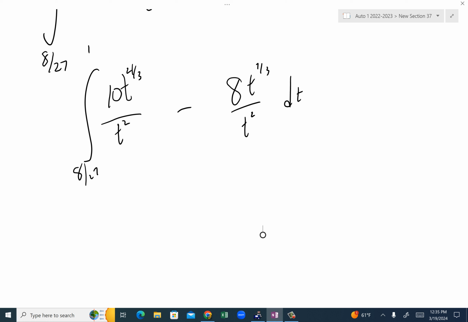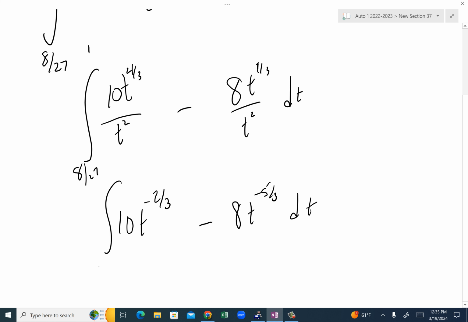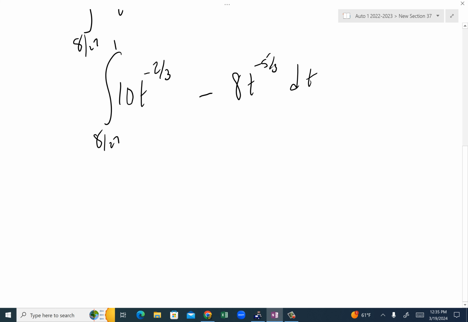And so this is 6/3. It's going to be 10t to the minus 2/3, I think. Minus, that's a 1/3, that's 6/3. 8t to the minus 5/3, I guess. Now, let's see. What is the antiderivative of t to the minus 2/3? I've got to add 1.